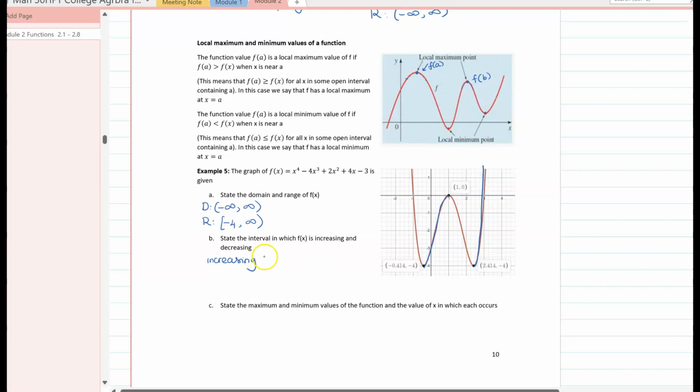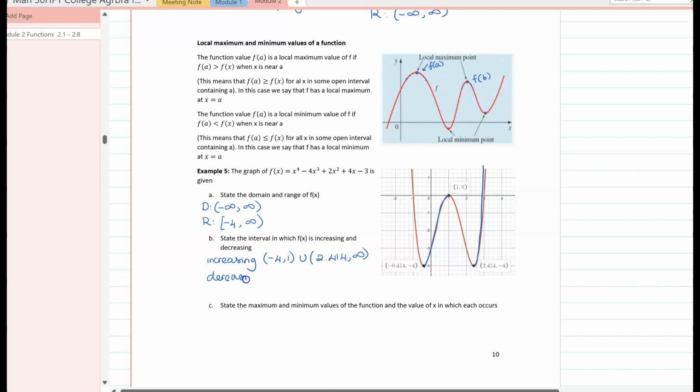Increasing from negative 4 to 1, and from 2.414 to infinity.